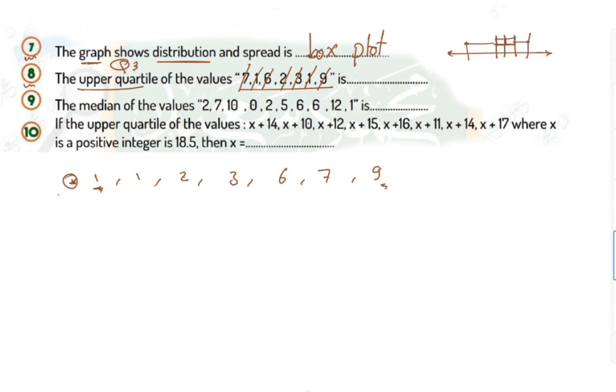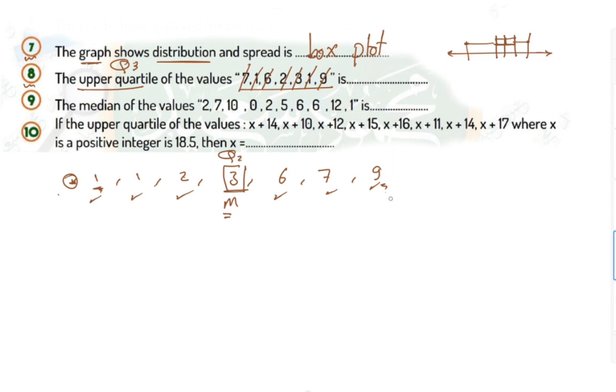Now, how many data do we have? 1, 2, 3, 4, 5, 6, 7. It's an odd number, so you can take one from here, one from here, and so on. So this number is the median, Q2. The median is Q2, the upper quartile is Q3, and the lower quartile is Q1.